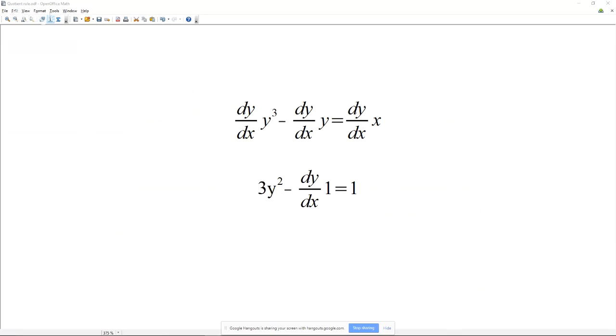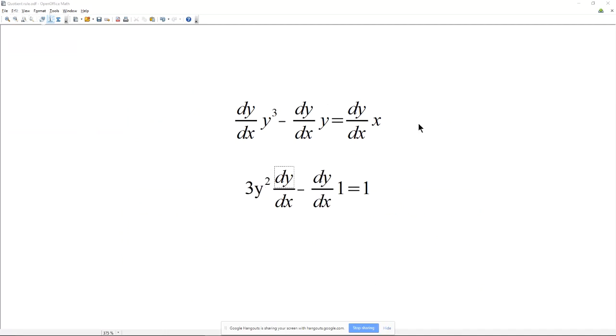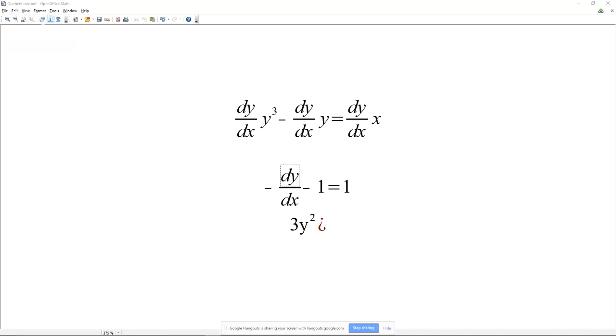Okay, so this is dy/dx. I'll fix this in a second. So, wait. And then this is wrong here. So this is actually 1. And this is actually a minus. Oh, almost there.